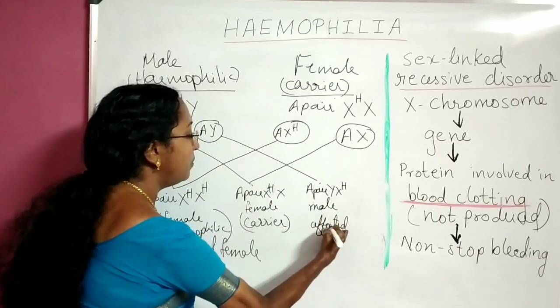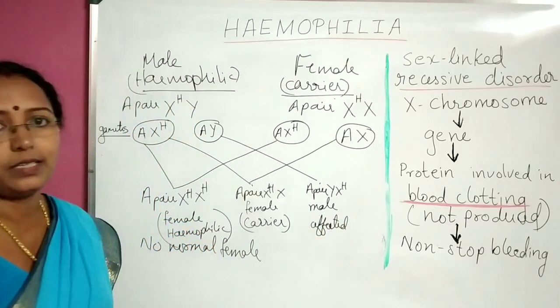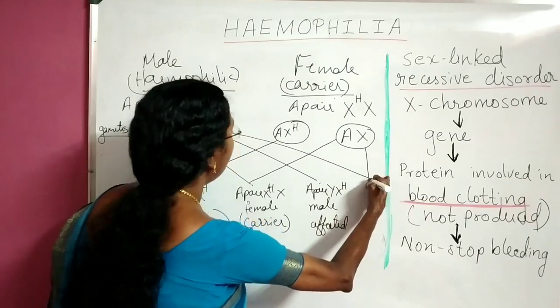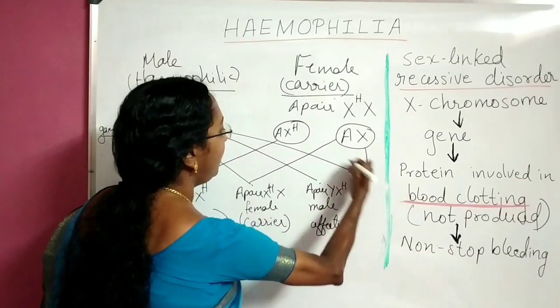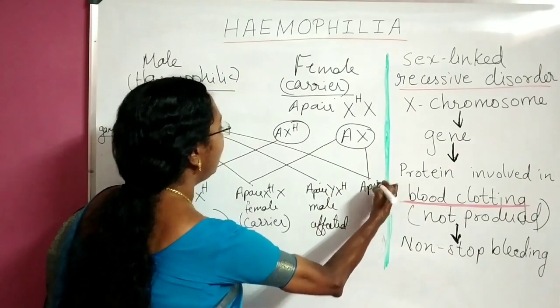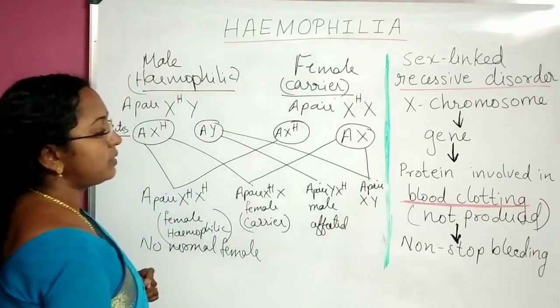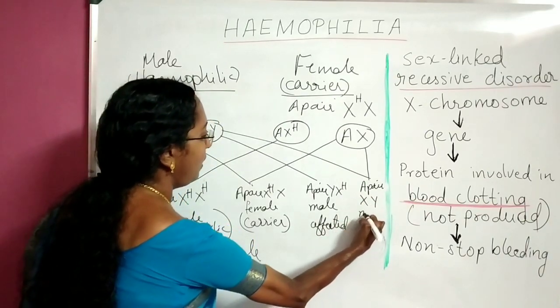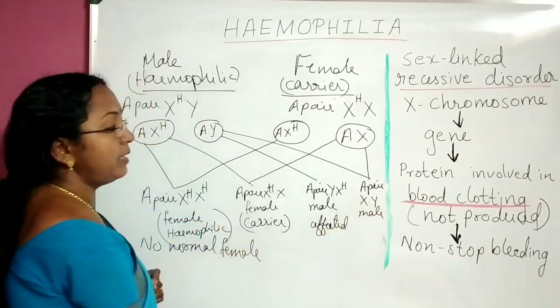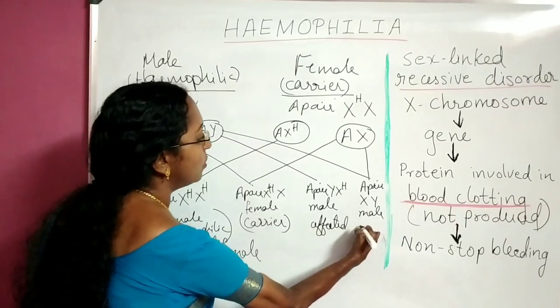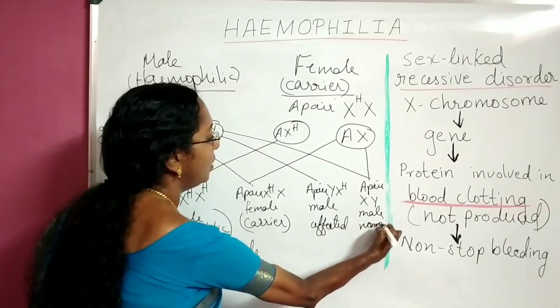That means this male is haemophilic. Now another case here, autosome pair and XY. XY, so again male. Whether this male is affected? No, because X chromosome is normal. So this male is going to be normal.